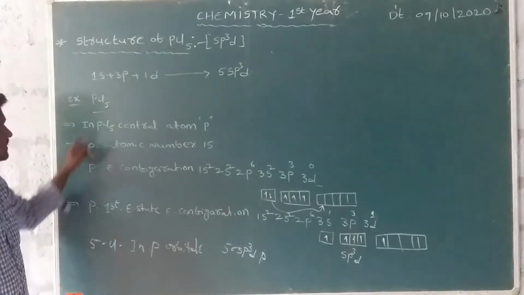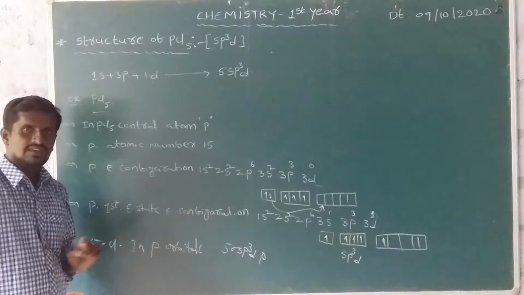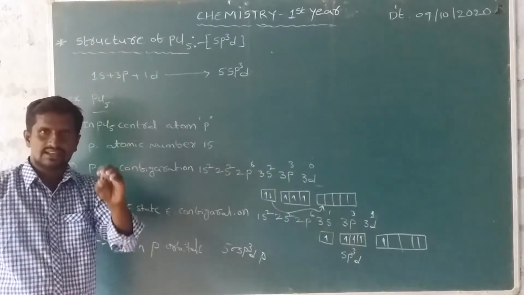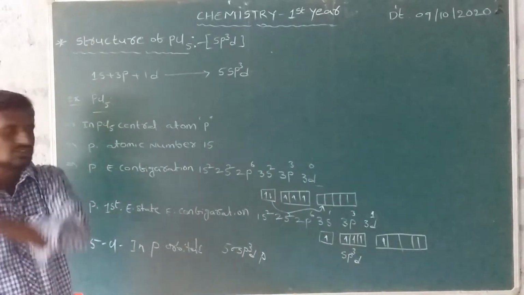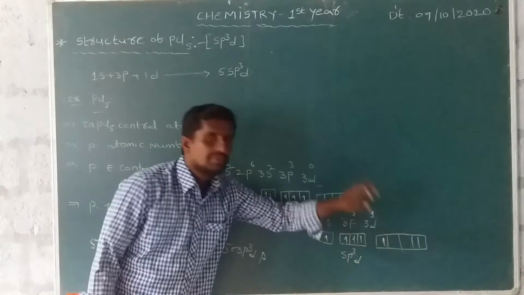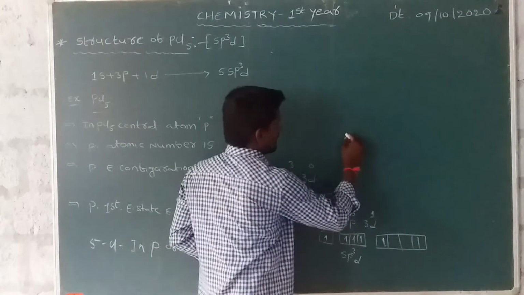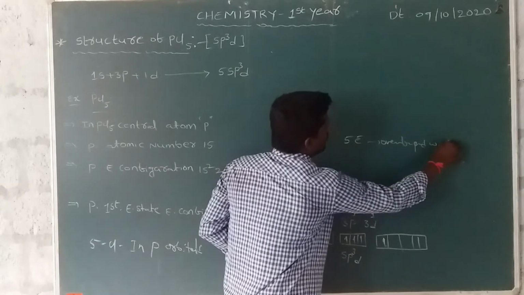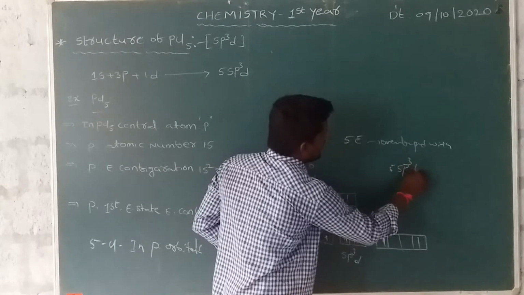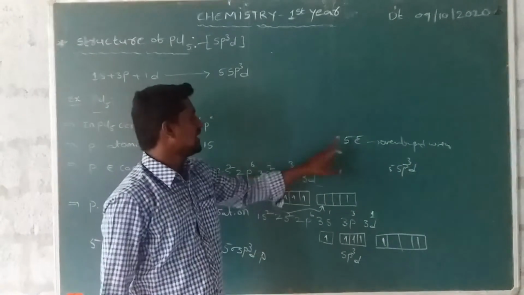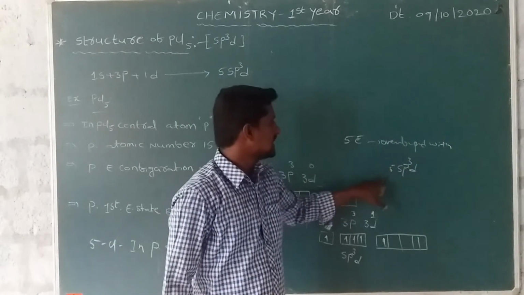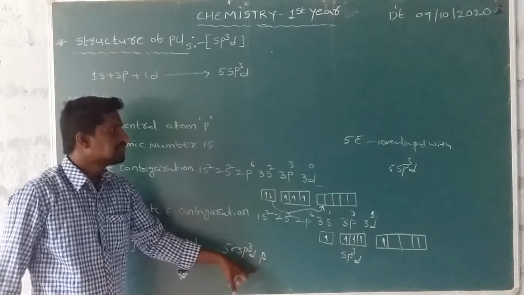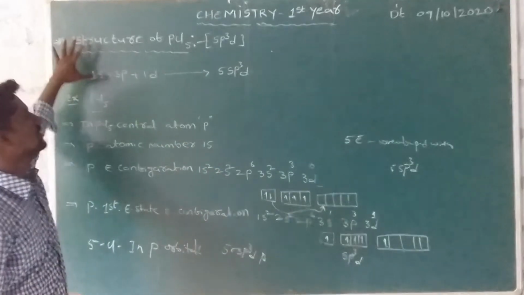Once again, listen: in PCl5, 5 chlorines are present, and the 5 electrons in chlorine p orbitals overlap with 5 sp3d hybridized orbitals to form 5 sigma sp3d-p bonds. This is the structure of PCl5.